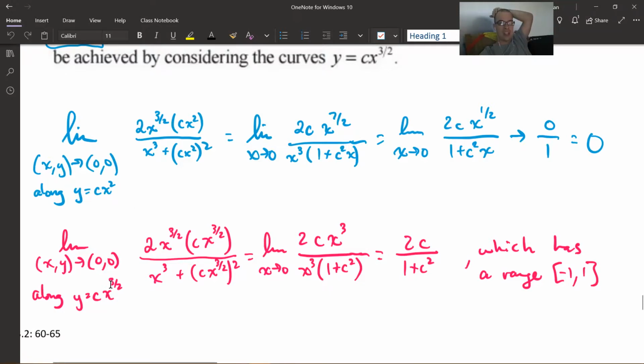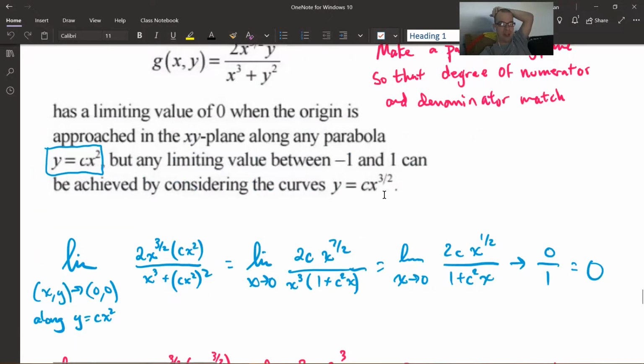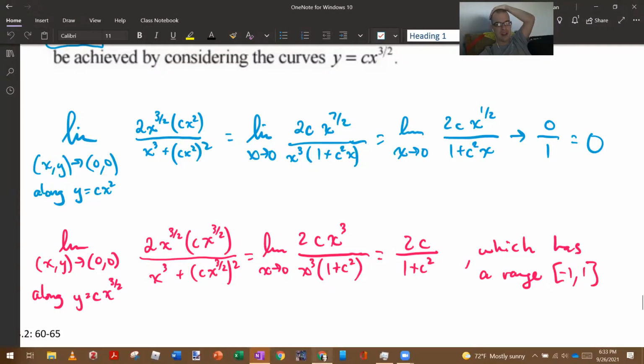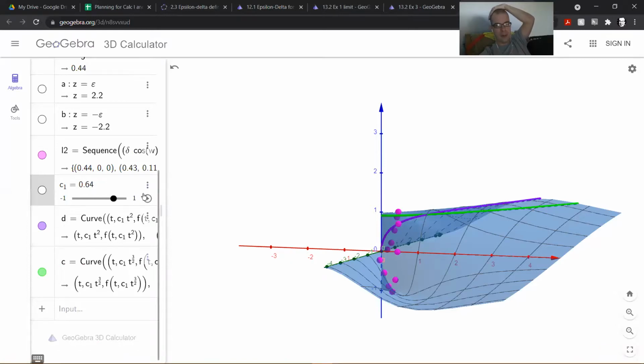But when you plug in a curve such that the degree of the numerator and denominator match, you get rid of those variables, and all you're left with is a constant that you can change, and it won't change depending on whatever value of x that you put in, which means that the z value is going to be constant, and it's just only going to depend on c.